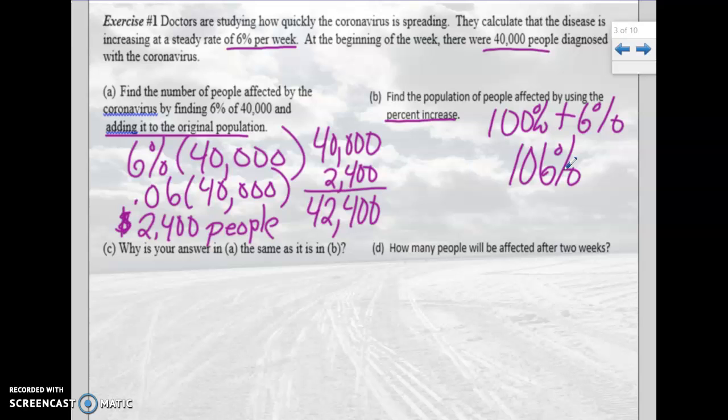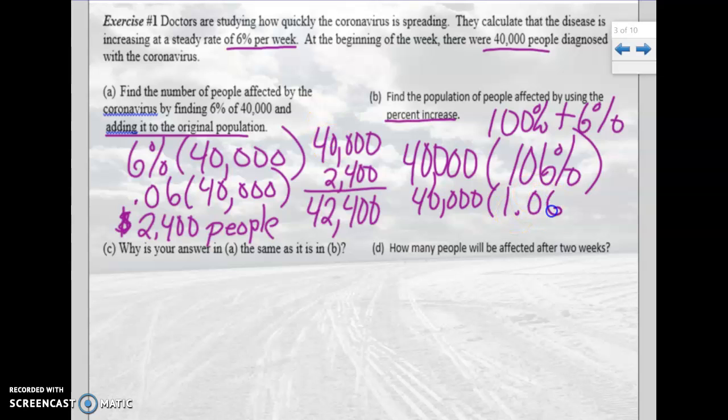Now we're still going to multiply the 106% by 40,000, the original amount. Now I'm going to put the percentage in parentheses. I'll explain why in a little bit. Doesn't matter which way you do it, we're still multiplying, right? So 40,000 people times 106%, which again, we got to move 2 times, 1.06 that is.